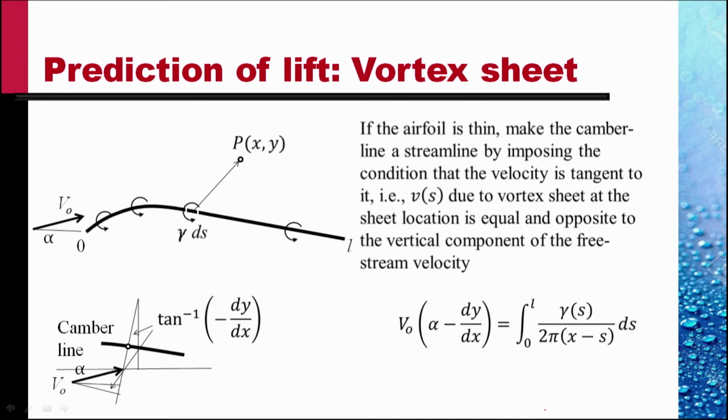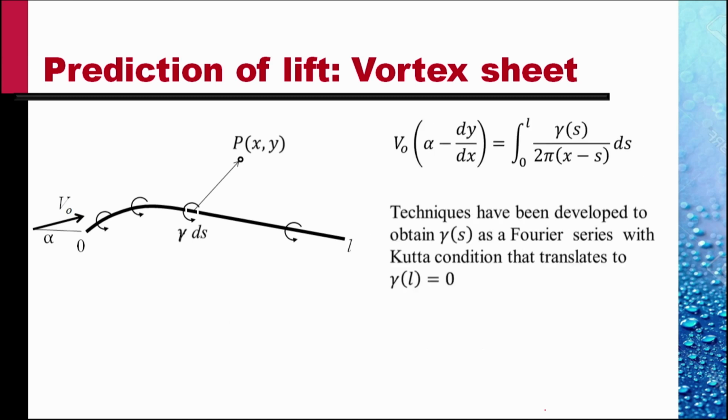So that V naught into (alpha plus dy by dx) is the vertical velocity predicted by this vortex sheet. Techniques have been developed to obtain gamma(s) as a Fourier series with the Kutta condition that translates to gamma(L) equal to 0.